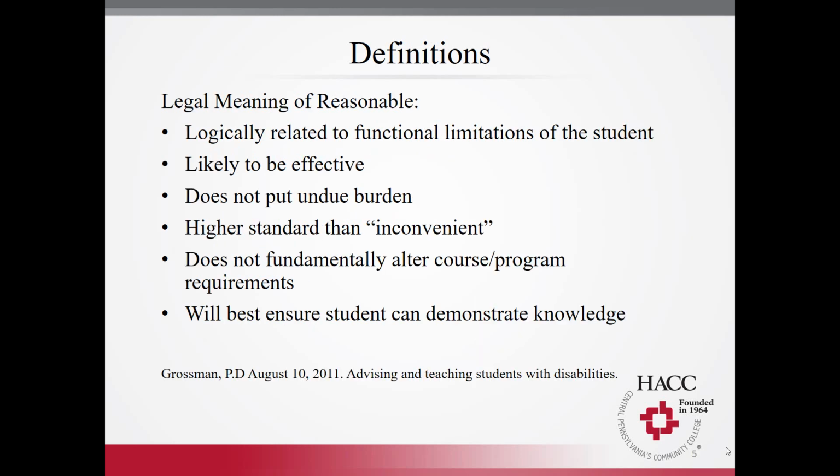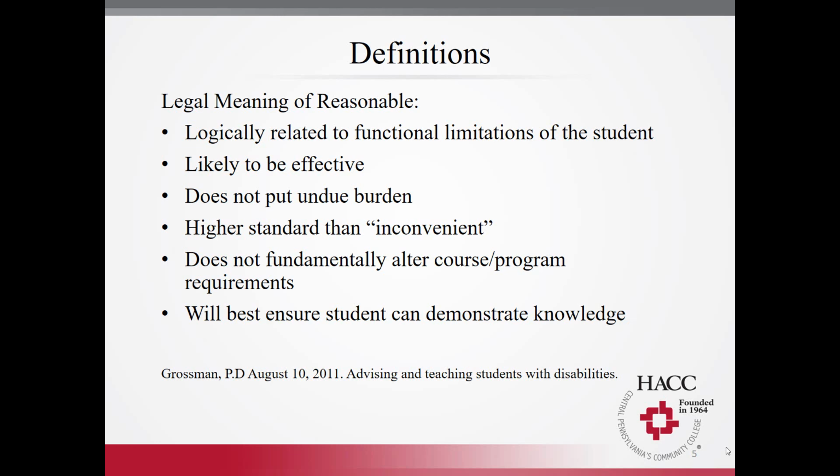The law requires that colleges provide reasonable accommodations, which include the following. They must be logically related to the functional limitations of the student. They must be likely to be effective. They do not put an undue burden upon faculty, and they do not fundamentally alter the course or program requirements.